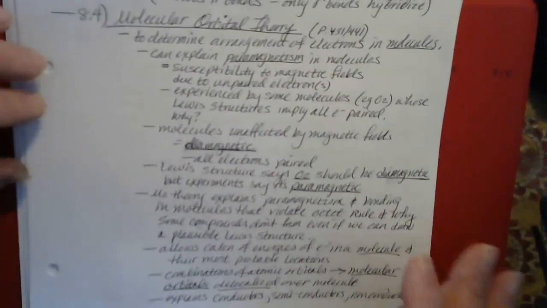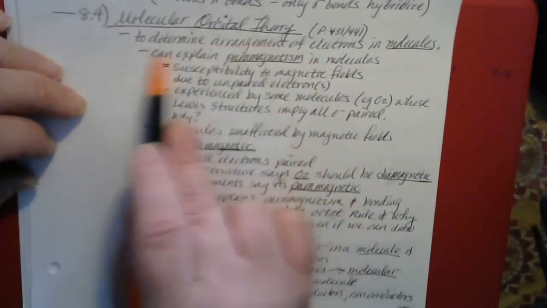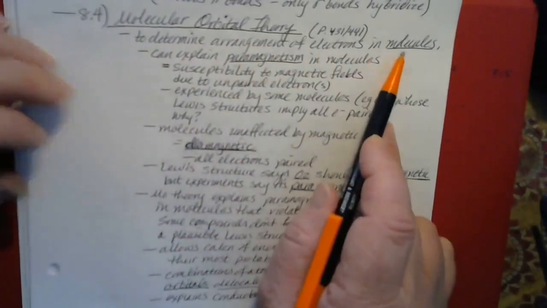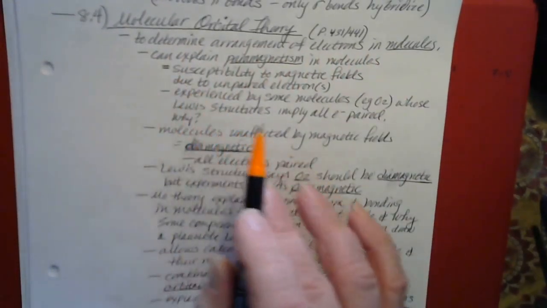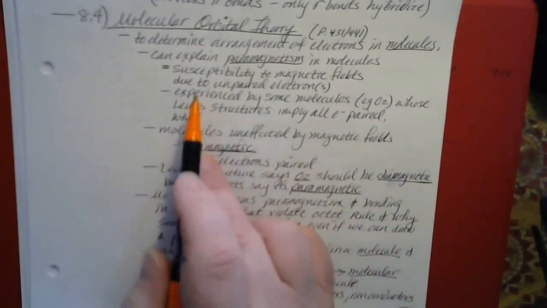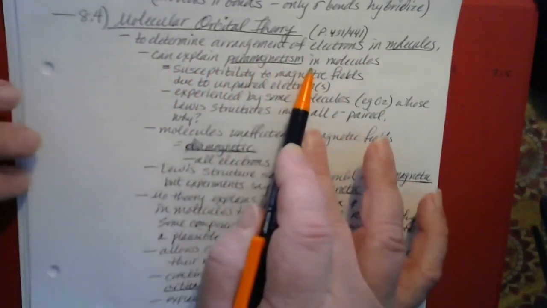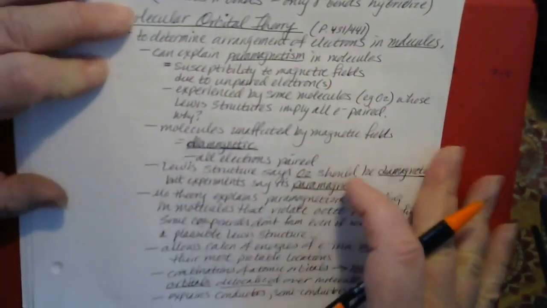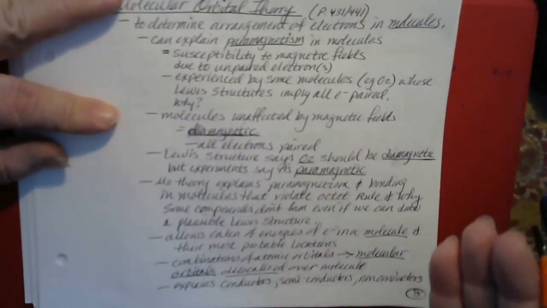Also, we can use molecular orbital theory to determine the arrangement of the electrons in molecules, which in turn, again, tells you whether certain bonds will form or whether they won't. You can also use it to explain paramagnetism in molecules. That is, paramagnetism is a term that just means the molecule is affected by magnetic fields.